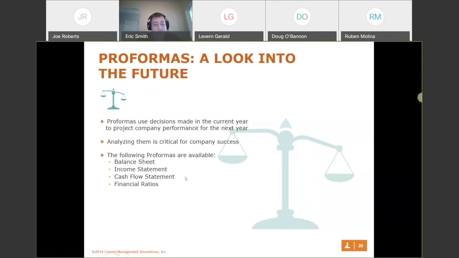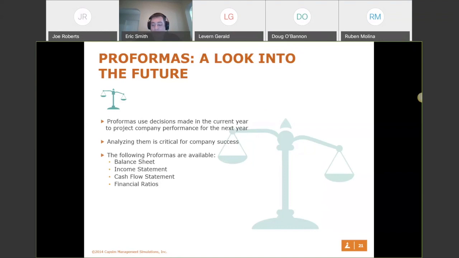And finally, I want to talk about pro formas briefly. Pro formas are like if-then statements. So if my decisions come true, then this is what everything will look like when the round processes. Now, again, nobody is perfect at sales forecasting. That includes me, who's been doing this for a very long time.